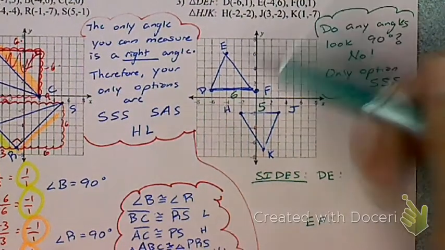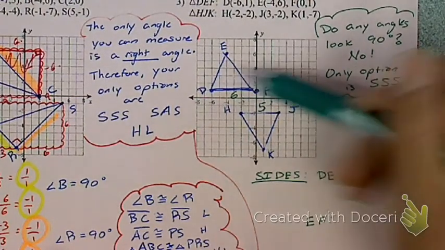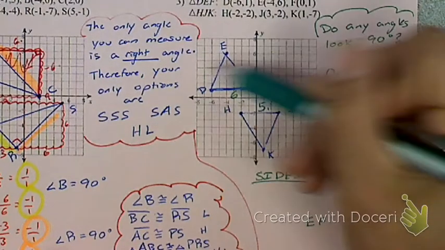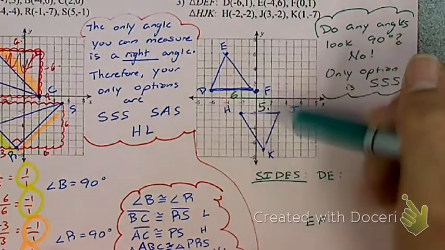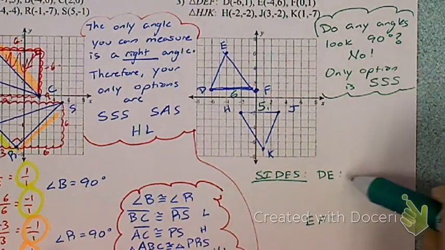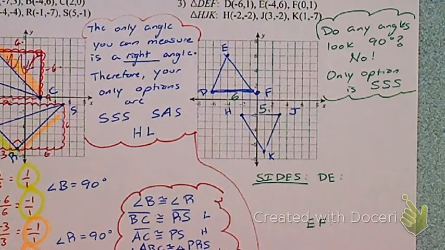Any questions? Say it again. If neither DE nor EF equals 5, that means that this side isn't the same as any of these three sides, which means it can't be side, side, side for any reason. So you're done. So go ahead and find the length of DE and EF.